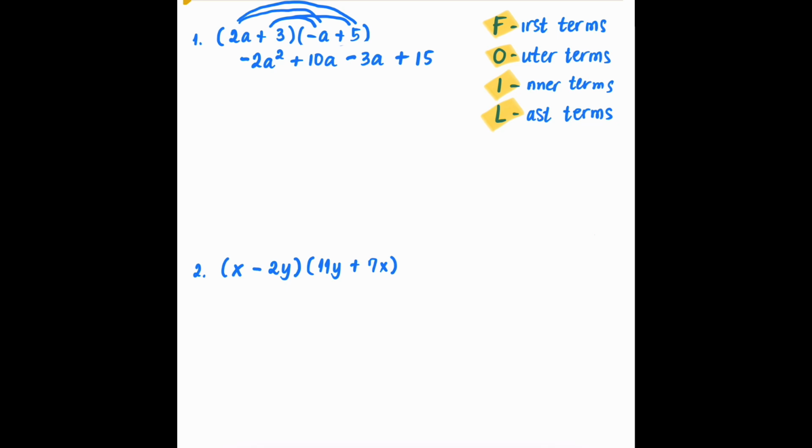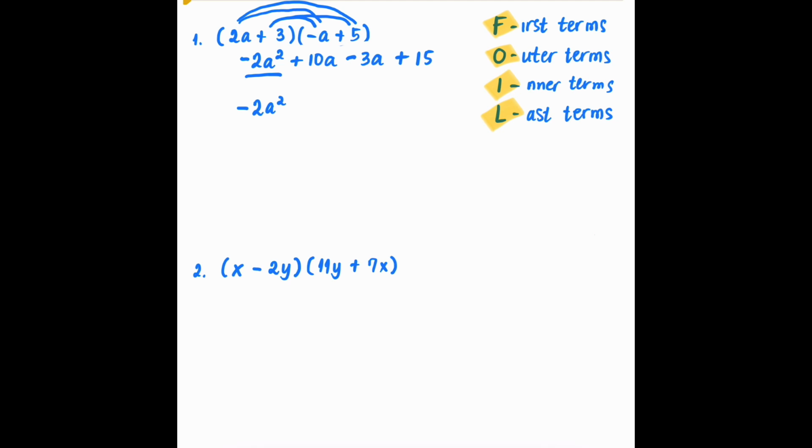So if you're talking about the group of a squared, or the group of a, or terms with variable a, you need to put them together. All right, so as we can see, we have negative 2a squared. Negative 2a squared is the only term that has a squared, so we just simply copy it. We copy negative 2a squared.